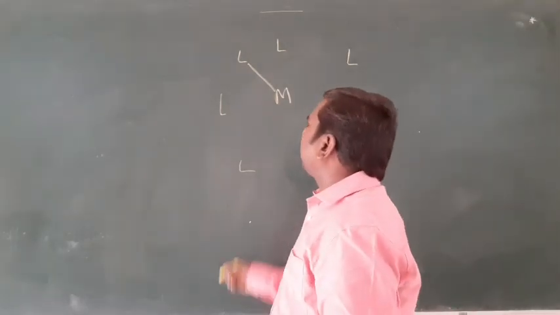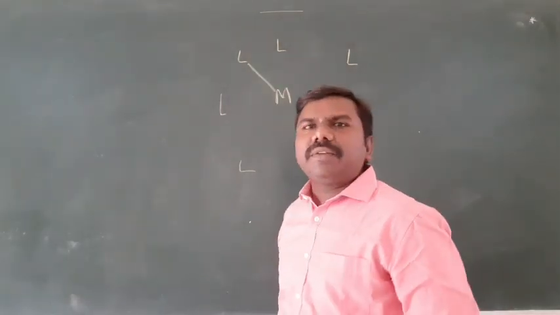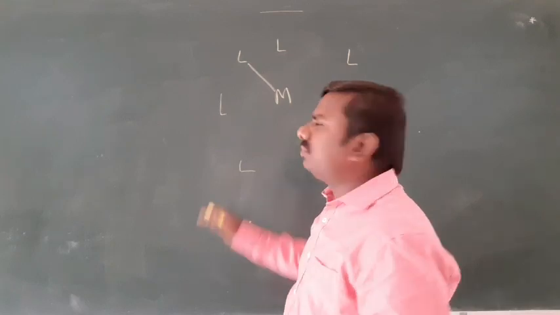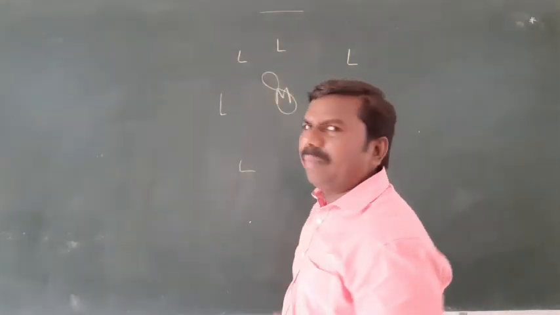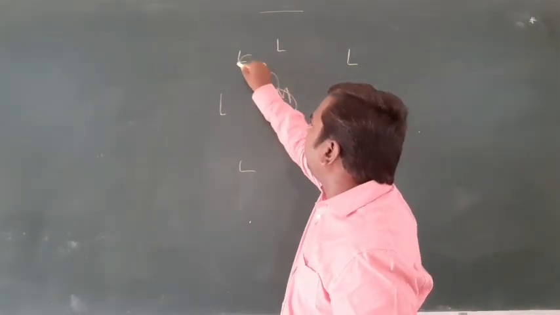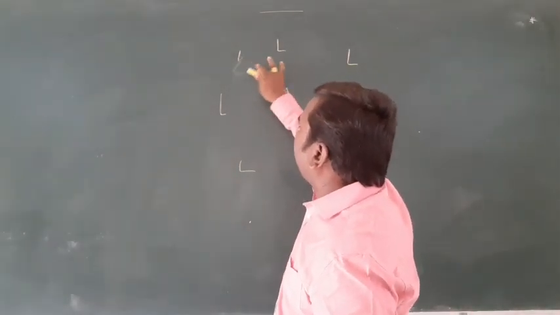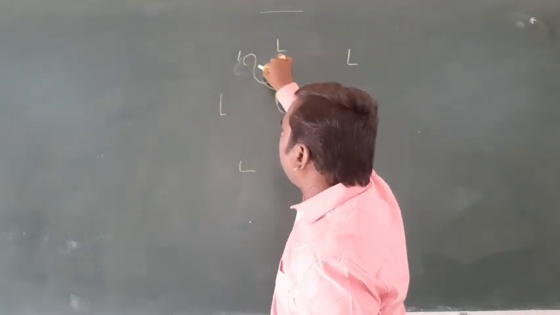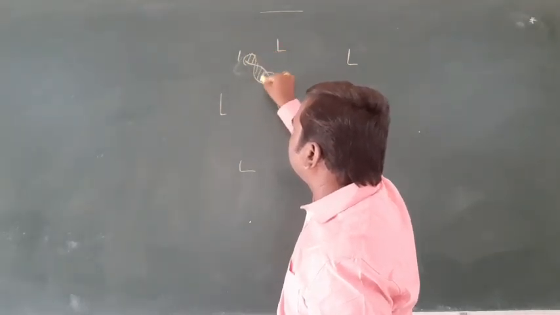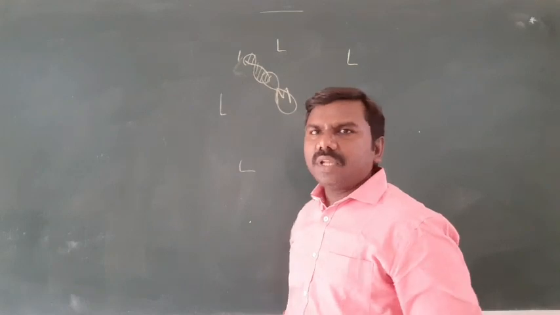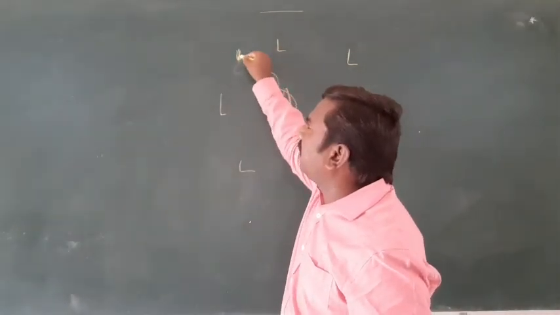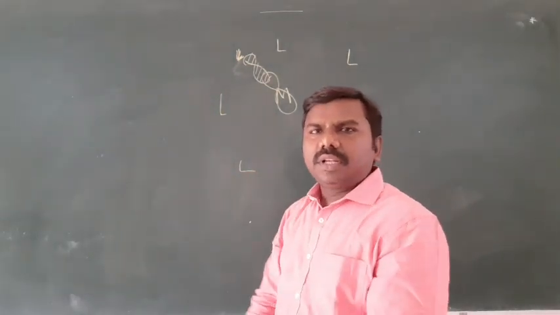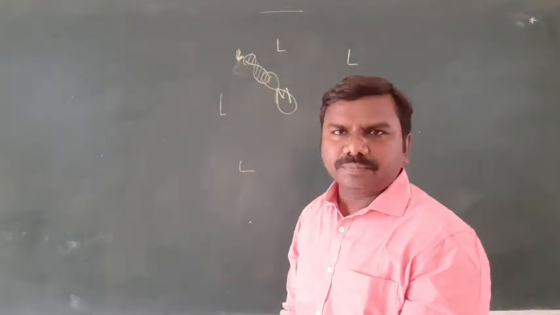And next, the bond is formed between the empty d orbital of the metal and the filled orbital of the ligand. The empty orbital of the metal and the filled orbital of the ligand overlap with each other, and then form a covalent bond.